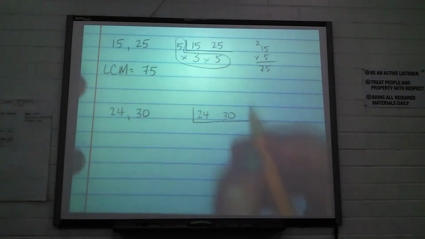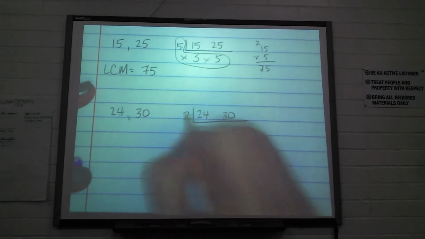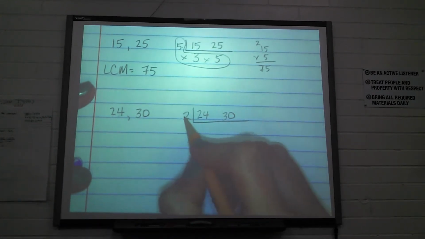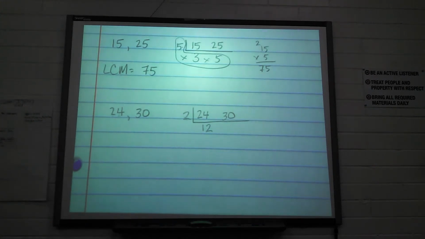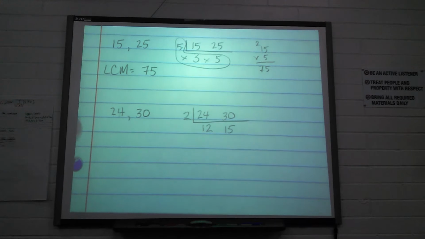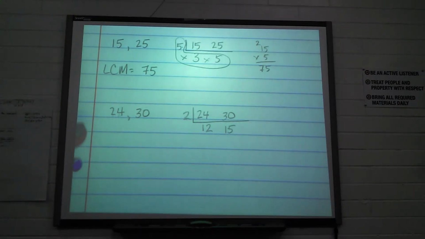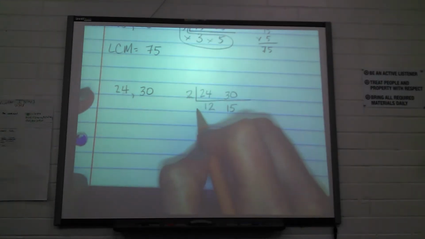Okay, does 2 go into both of these? Yes, because they are both even numbers. 12 times 2 equals 24, and I know that because I've been practicing my multiplication facts. And 15 times 2 equals 30. That's just another common fact that I know because that comes up a lot during this math class. 15 times 2 is 30. Okay, let's see.